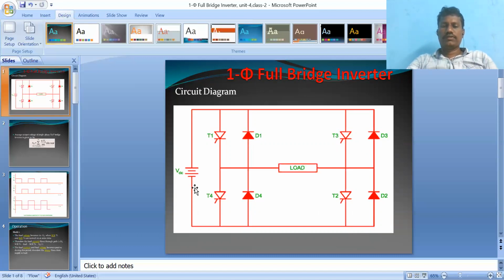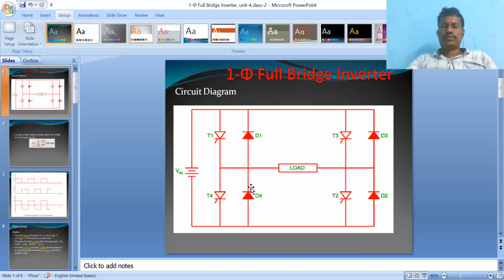So the current path is like this: VDC minus, D4, load, D3 and VDC plus. So by conducting T1, T2 we get a positive pulse, and by conducting D3, D4 a negative pulse. Clear? It is one cycle.